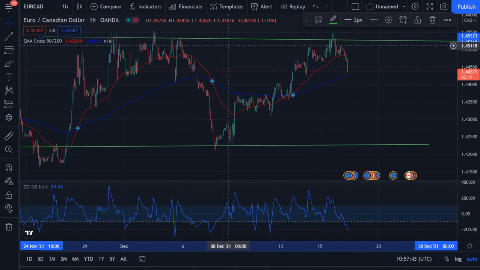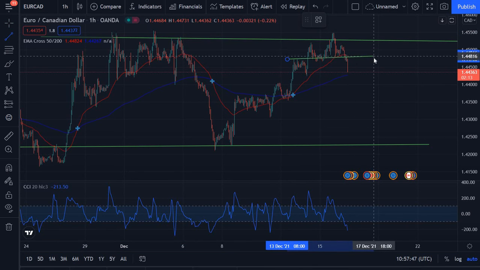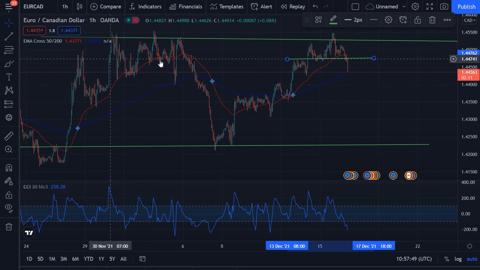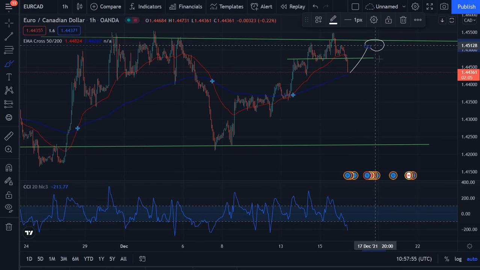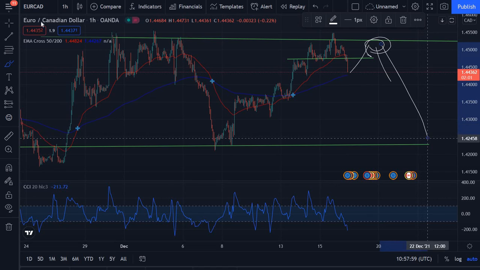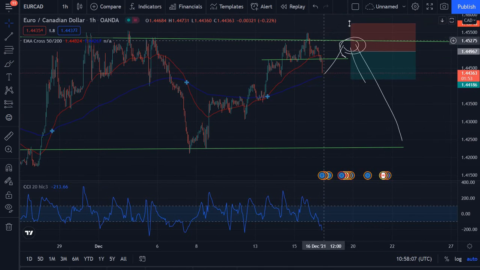We broke this support zone, and we could still see a pushback. If we do, I would look for a short somewhere around here and then target all the way to there. So this would be the EURCAD trade.